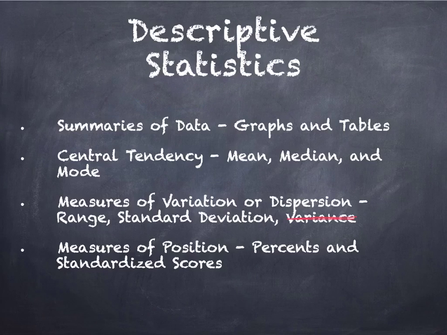Standard deviation, what we know about standard deviation is if you take the mean plus or minus 1 standard deviation, what that refers to is approximately 68% of your sample. And as you add to that, if you take mean plus or minus 2 standard deviations, that makes up 95% of your sample. Mean plus or minus 3 standard deviations is 99% of your sample. It just gives the reader extra information.